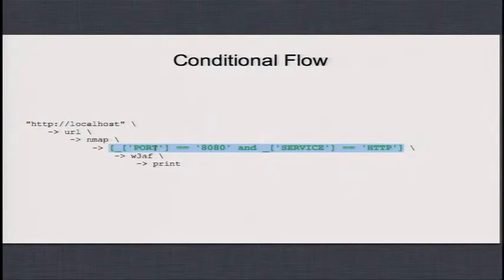So in this particular example, I'm only interested in conducting the pen test if nmap has resulted in finding port 8080 and the service identifier on this port is HTTP. Anything that doesn't match this requirement will simply not proceed into the pen test.